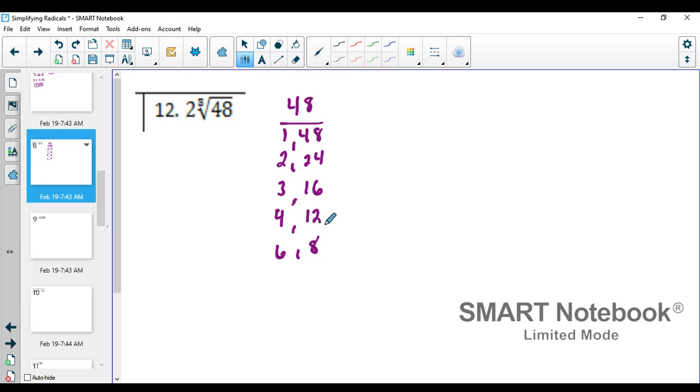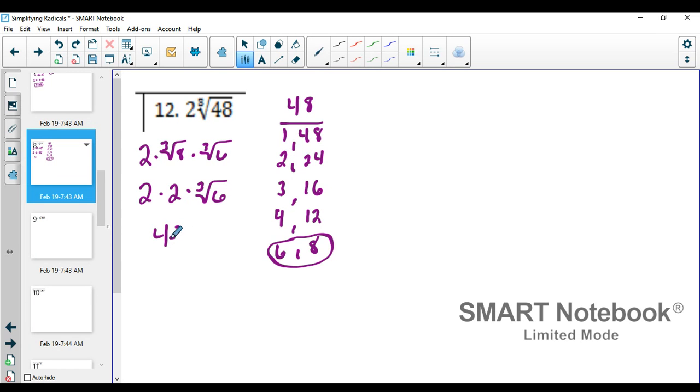So the only number in this entire list that has a cube root is 8. So we're going to use this pair right here. Okay, so we have 2 times the cube root of 8 times the cube root of 6. And we did the cube root of 8 earlier, which we said was 2. So this is 2 times 2 times the cube root of 6. So 2 times 2 is 4. So this is 4 times the cube root of 6. And that's as simplified as this one gets.